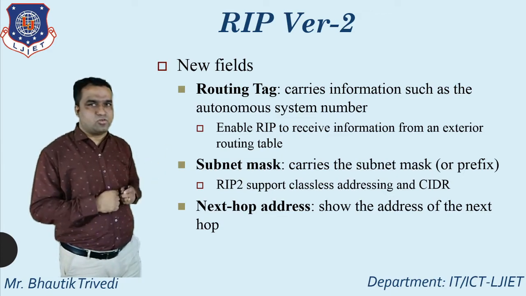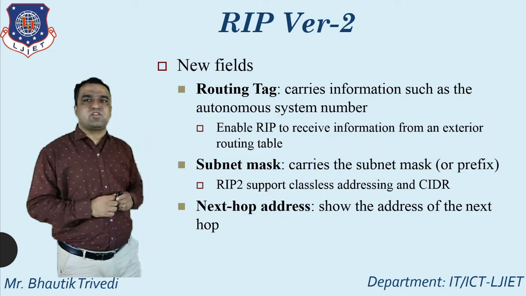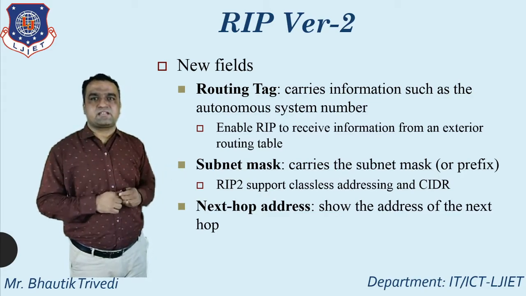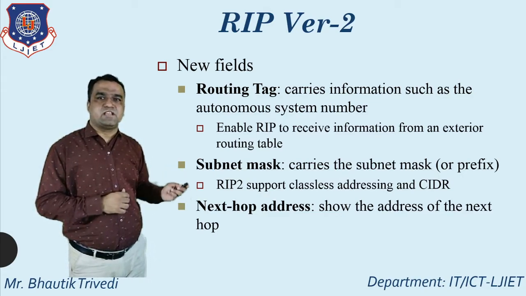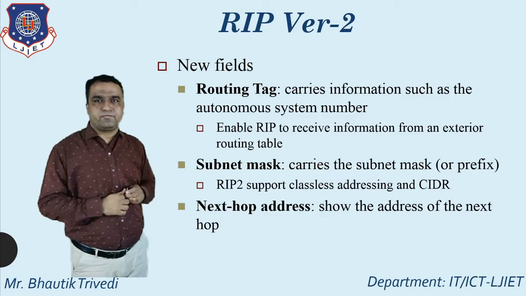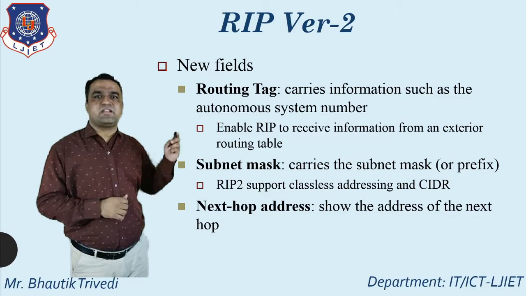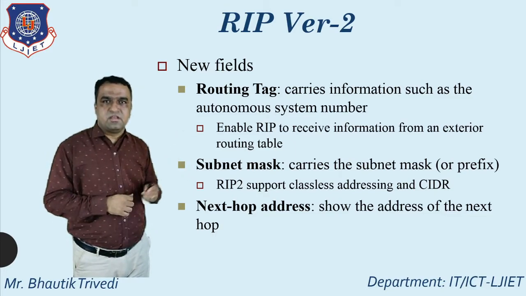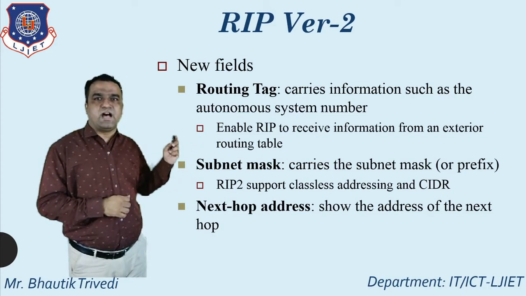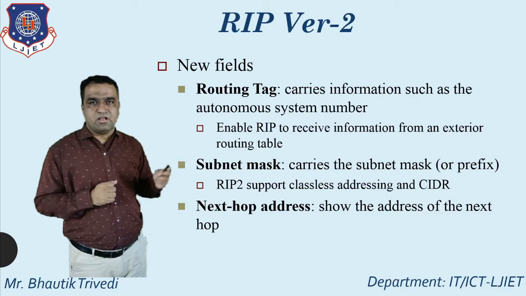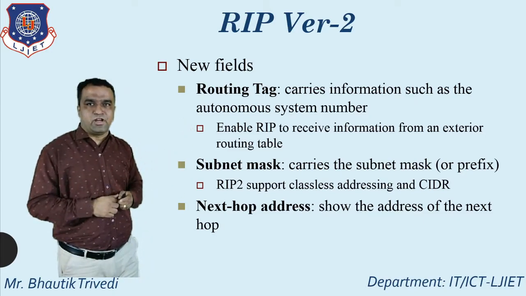The first one is known as the routing tag, the second is the subnet mask, and the third is the next hop address. Routing tag carries the autonomous system number information. It enables RIP to receive information from an exterior routing table. That's why we use the concept of routing tag.